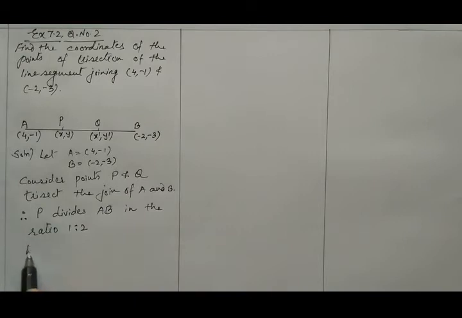Now let P be x comma y, Q be x dash comma y dash. Okay, and m1 is to m2 be 1 is to 2.